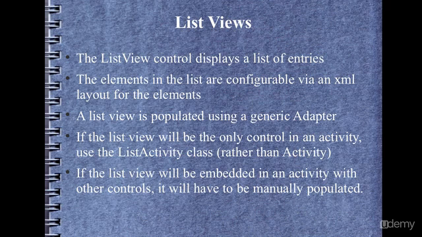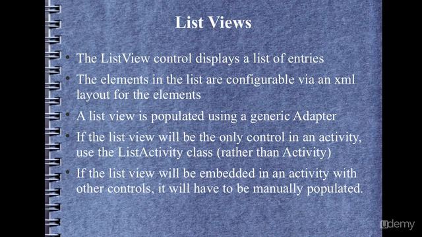If the only control in your activity, in your main activity, or in some other activity of your application is going to be a list view, use the list activity class for that activity rather than activity. What this does for you is it relieves you of the obligation to create a layout XML for the activity, and you can concentrate on creating only the layout XML for each item in the list.